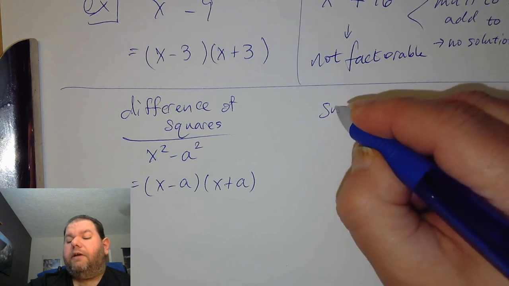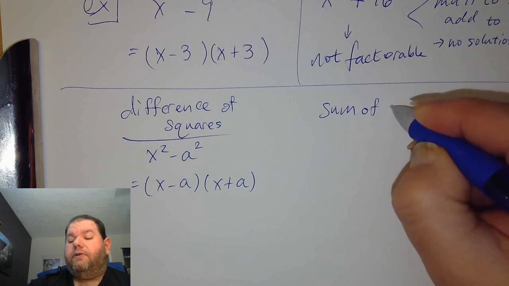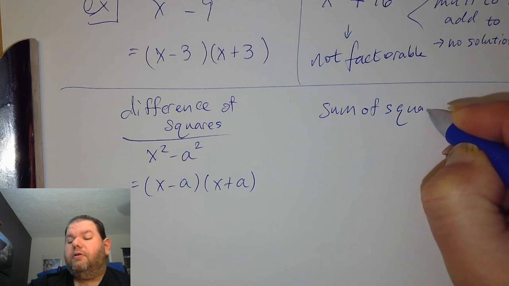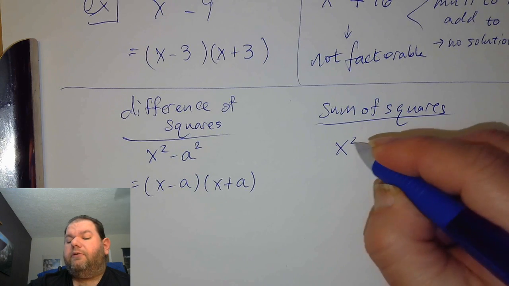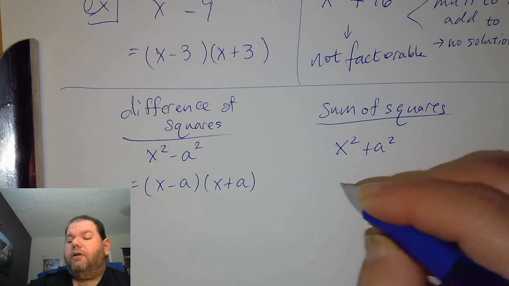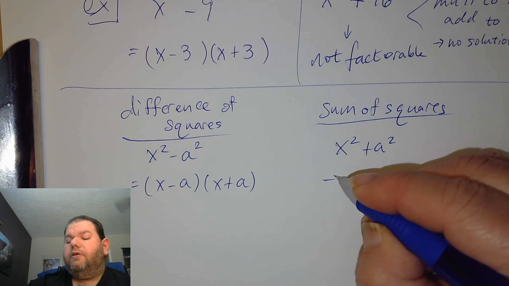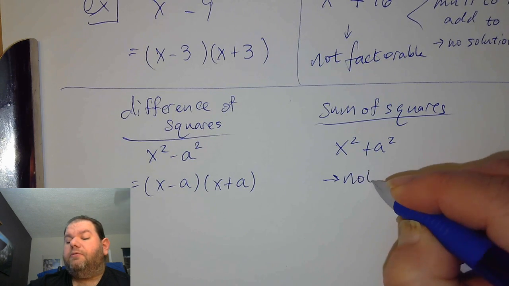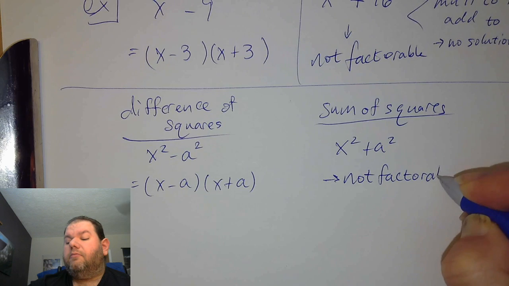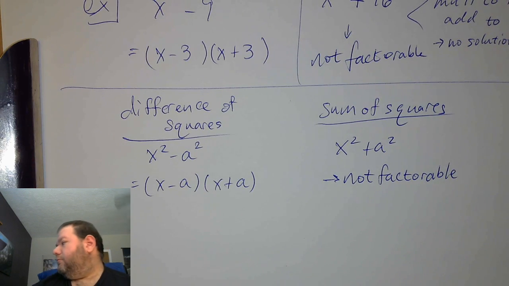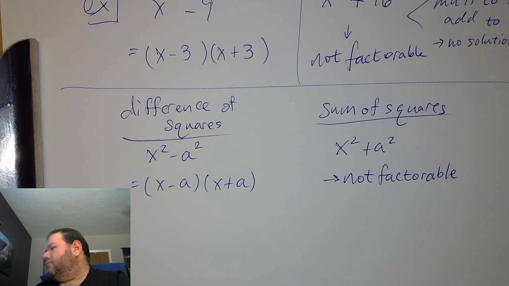And if we have a sum of squares, such as x squared plus a squared, we know this is not factorable.